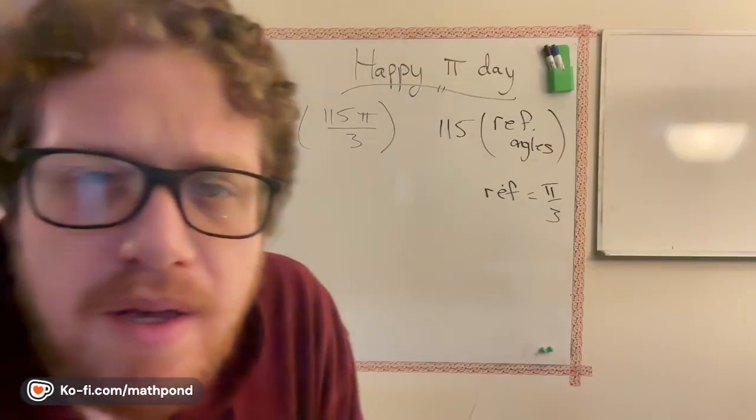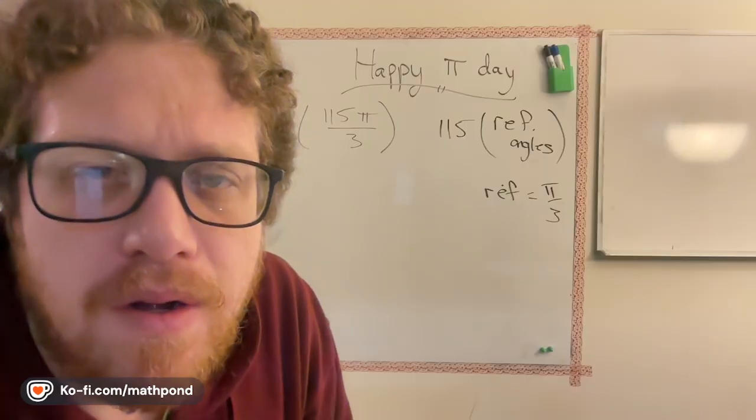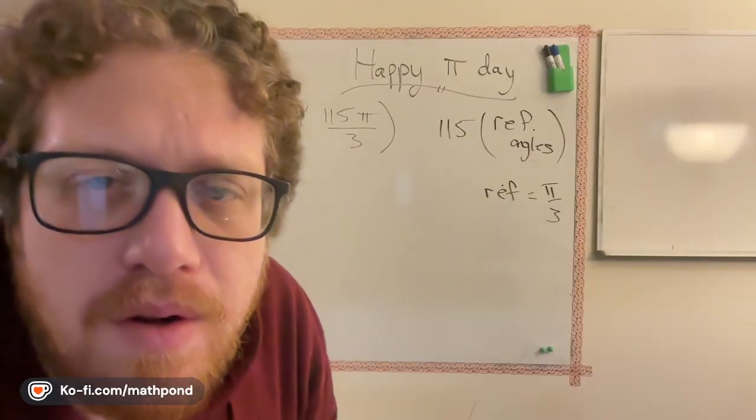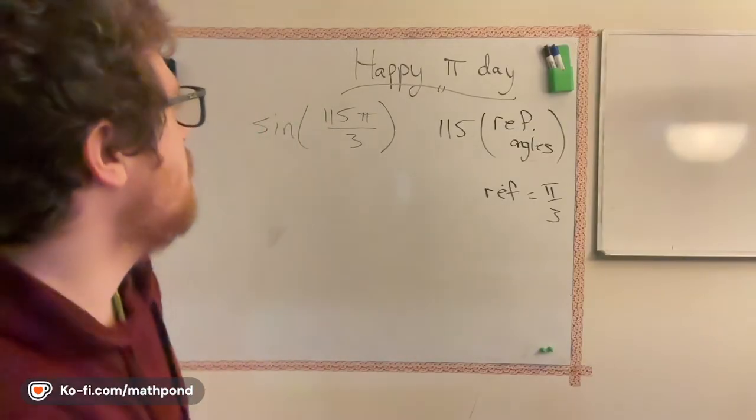So another way to find the equivalent angle: divide the numerator by twice the denominator, and the remainder equals the new numerator. Okay, yeah.